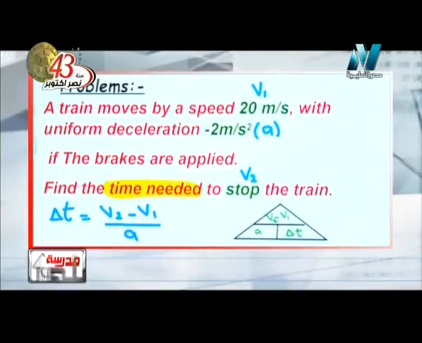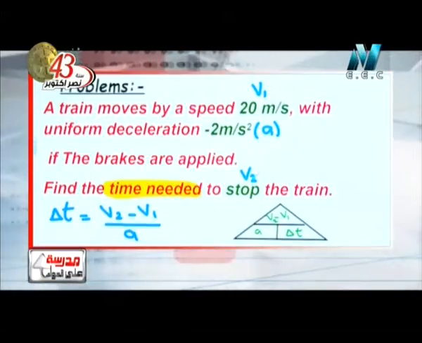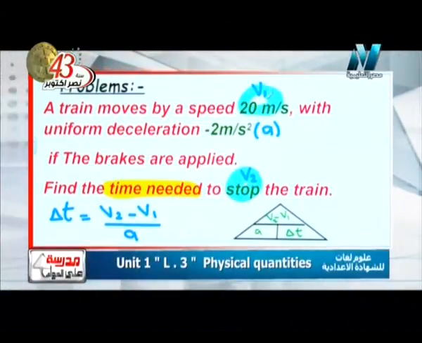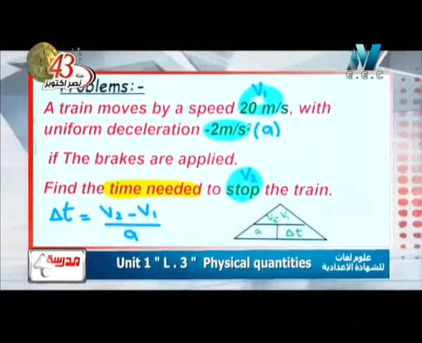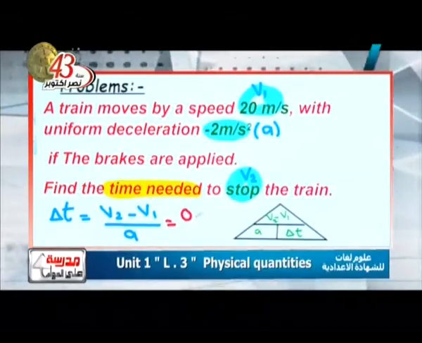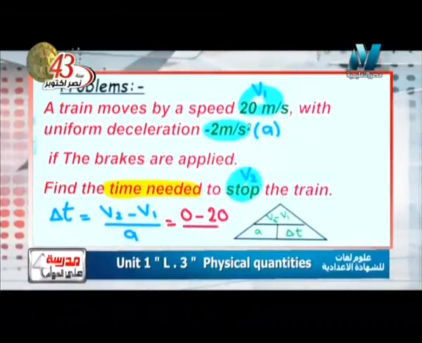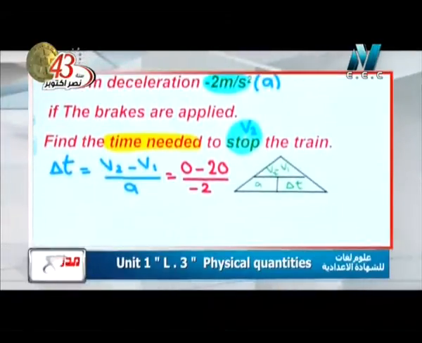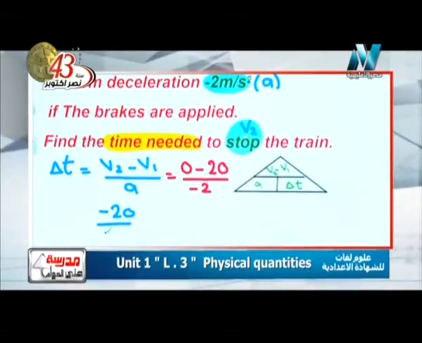We know V2 equals how many? From this problem we know V2 equals 0, and V1 equals 20 meter per second, over negative 2 meter per second power 2 as acceleration. So we have 0 minus 20 over negative 2, which is negative 20 over negative 2.